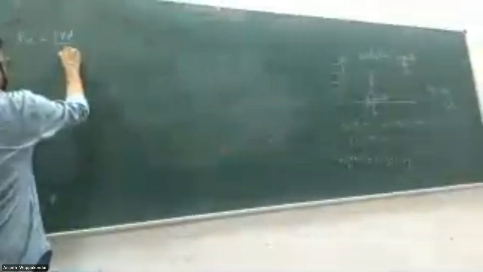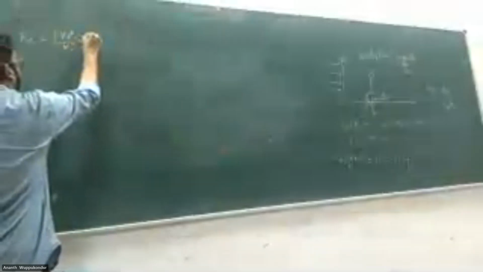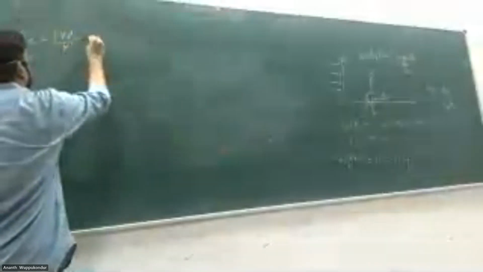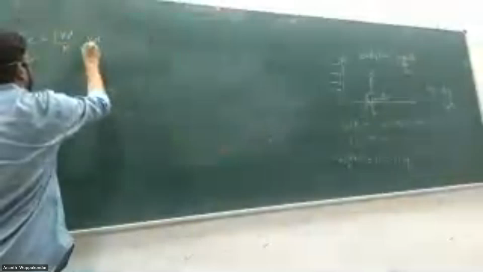So what is the expression for Reynolds number? Rho Vd by mu, or Vd by mu. So this is the Reynolds number.